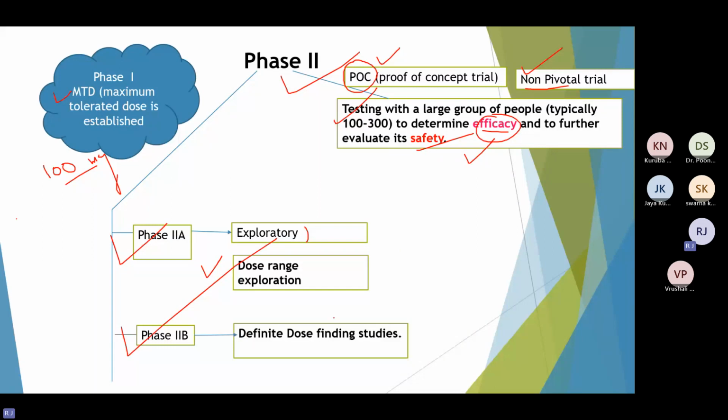And we'll try to determine the best dose which is showing the maximum efficacy. So it's very linear. In phase 1 we determine the maximum dose a person can tolerate. After knowing that, we try to test different dosing to determine the best dose which is showing effect, in phase 2.